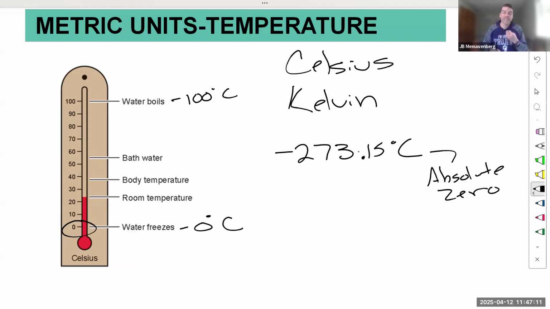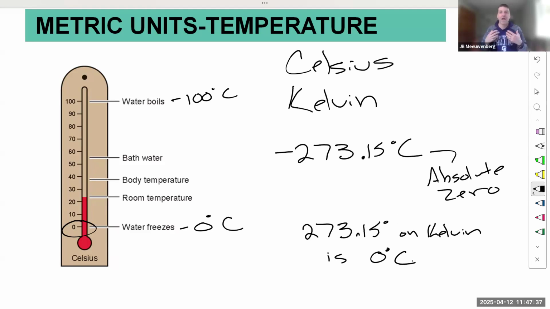And so there's something called the Kelvin scale. And the Kelvin scale says that 273.15 degrees on the Kelvin scale is 0 degrees Celsius.